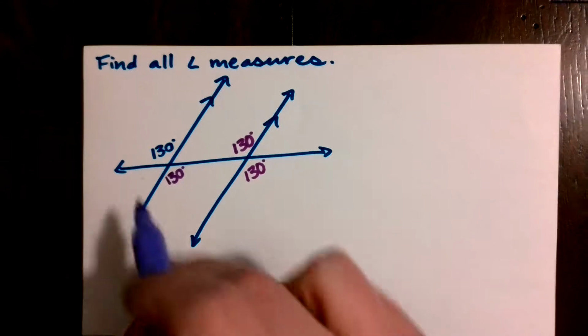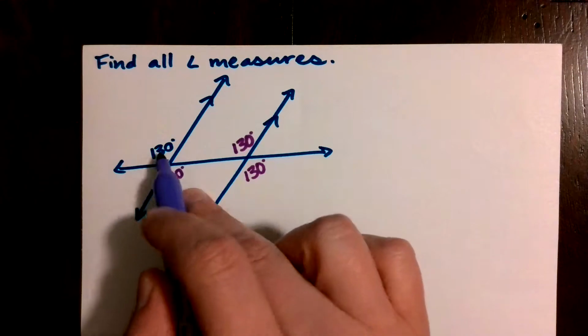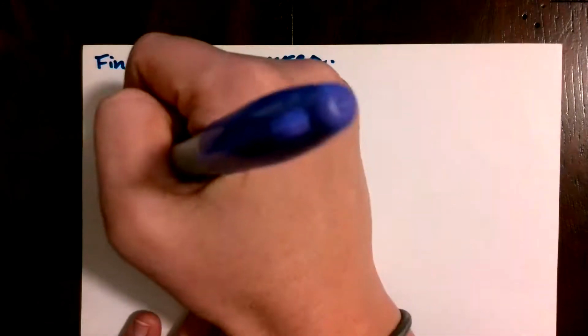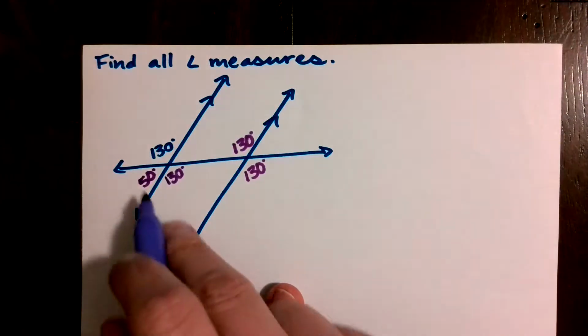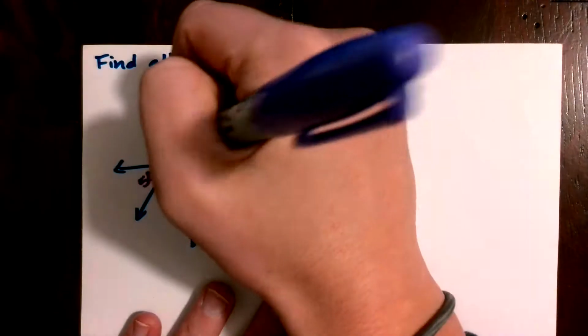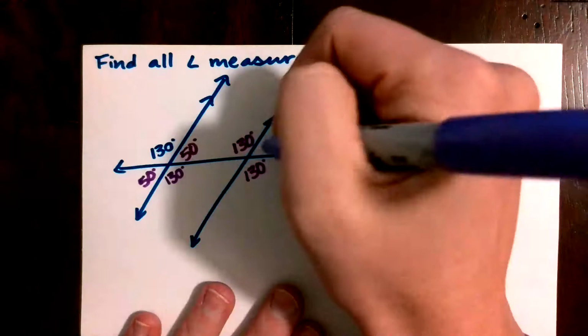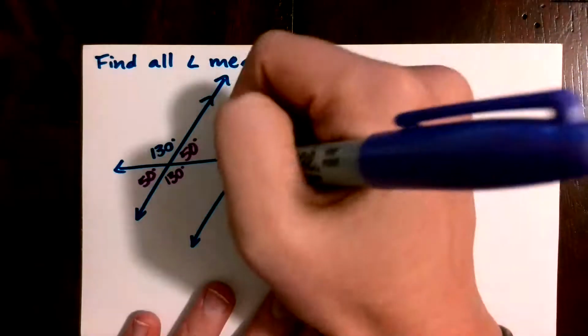Okay. I could also start with one of these angles and give the linear pair angle to it. The supplementary angle would have to be 50 degrees. I've got to add up to be 180. And then I could go vertical angles here. Maybe from there to use corresponding or alternate interior.